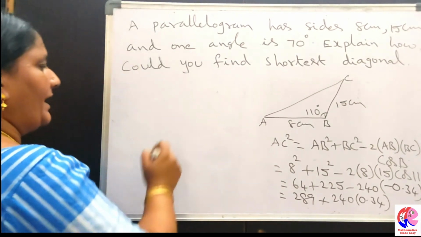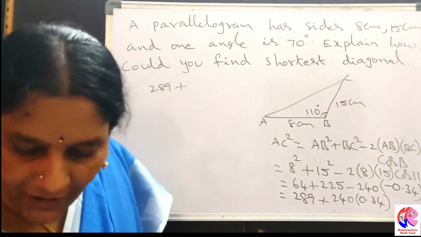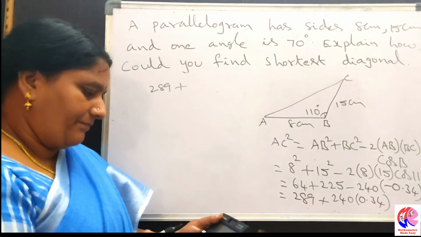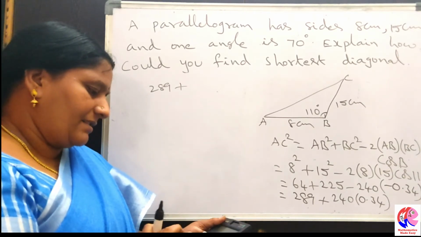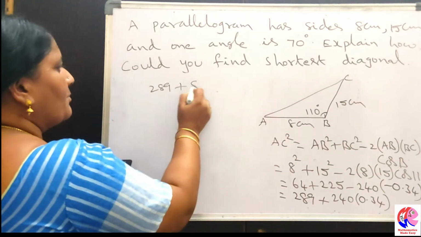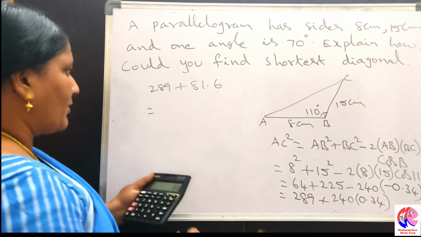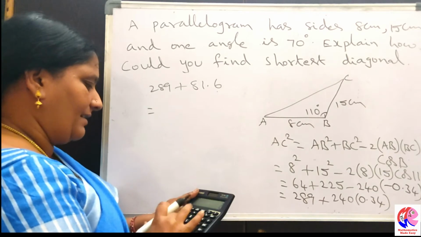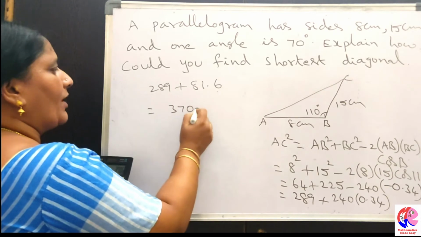This becomes 289 plus 240 into 0.34. 240 into 0.34 value is equal to 81.6. This becomes 289 plus 81.6, which is equal to 370.6.